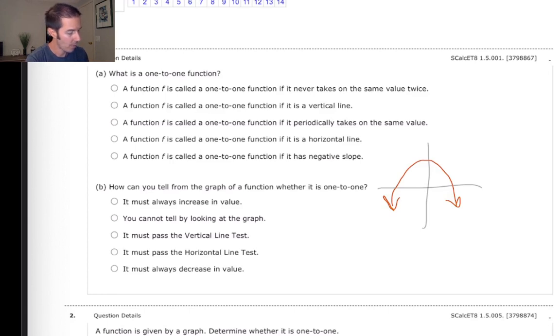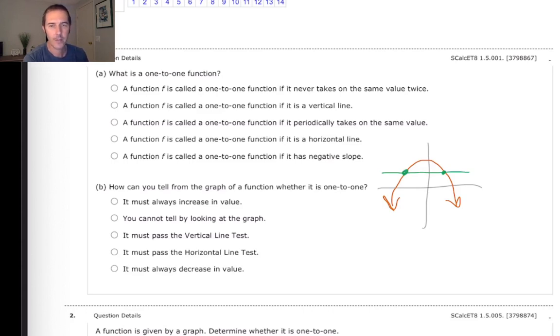The answer is no, because it's possible to draw a horizontal line that crosses the graph at more than one point. So where the vertical line test is checking to see if you have repeated x values, here we're looking to see if we have repeated y values. And it's pretty clear that this point and this point share the same y value.